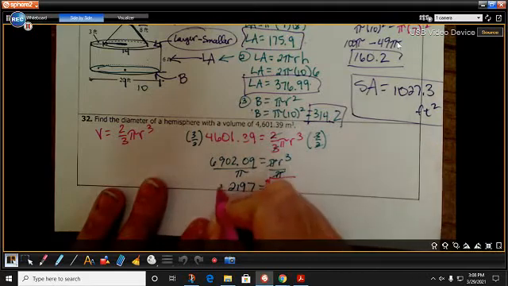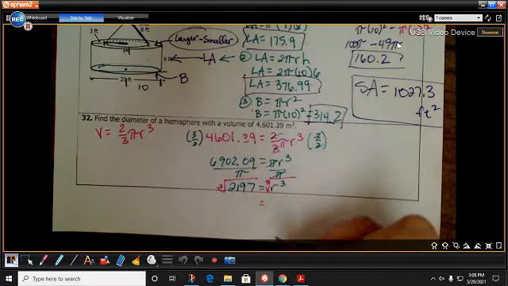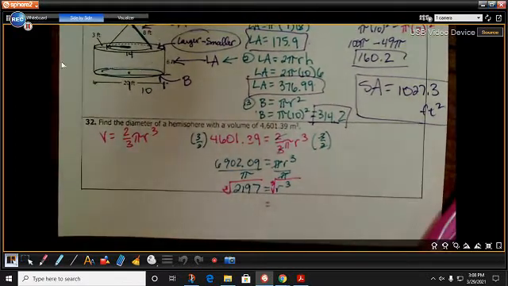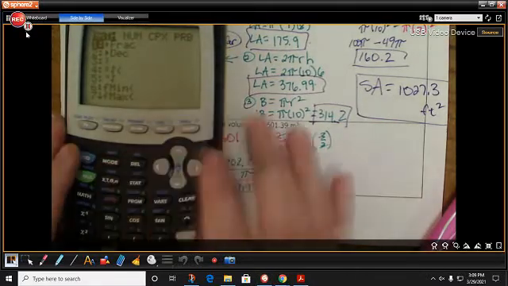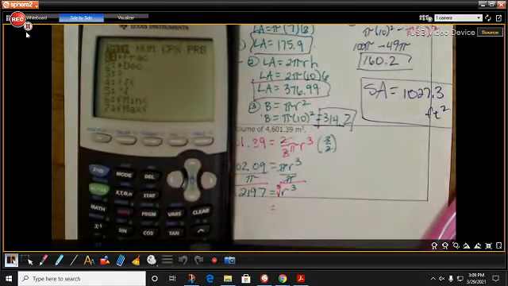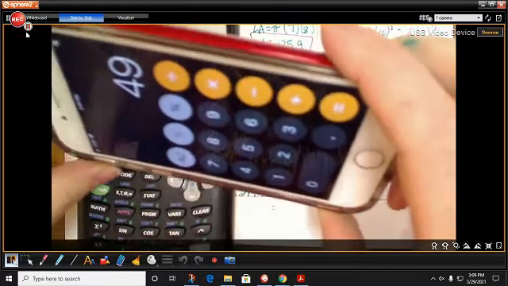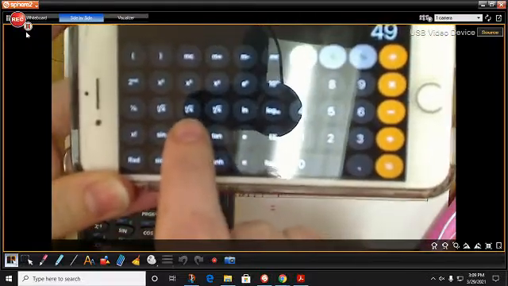And if I cube root one side, I need to cube root the other. Okay? And so the cube root of 2197 is going to be, I'm going to come into my calculator here. If you have an iPhone, it's honestly just on your iPhone calculator. If you set it to the side, your cube root is right here next to your square root.